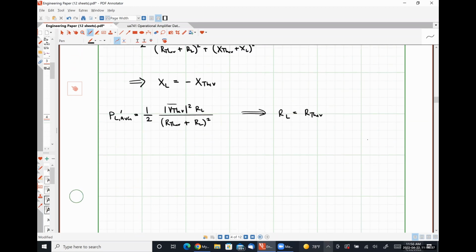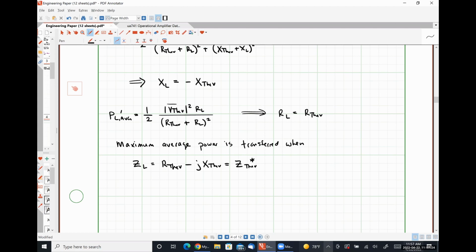Putting these results together, maximum average power is transferred when ZL is equal to R Thevenin minus j X Thevenin, which is simply the complex conjugate of Z Thevenin.